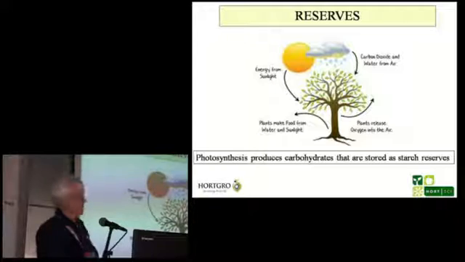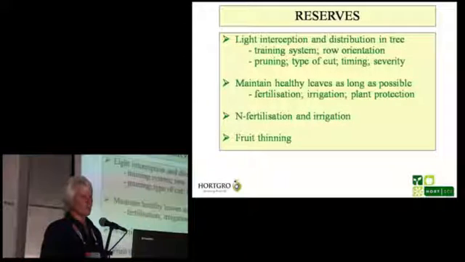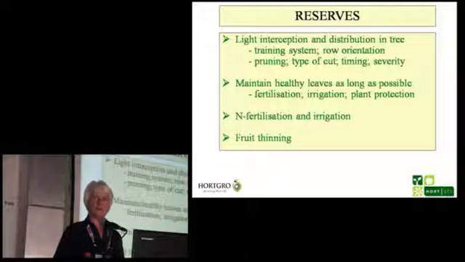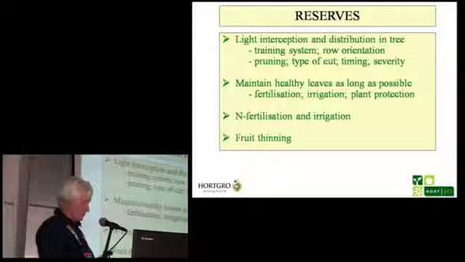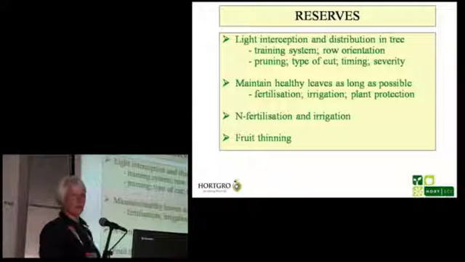Photosynthesis is the process that produces these carbohydrates, and we need the light on the leaves for this to be able to happen. So if we want to manage how many reserves are produced by the tree, then we have to manage light and leaves. The leaves are the factory, the light is needed for photosynthesis to take place, as well as CO2 and water.